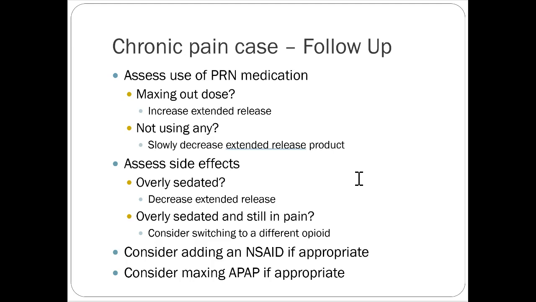If they're overly sedated and still in pain, possibly consider using a different opioid that might work better for that patient. You never really know if switching the agent would solve that problem. Otherwise, adjunct options would be good, and we talked about some of those, but making sure a person's using acetaminophen or using an NSAID if that's indicated.